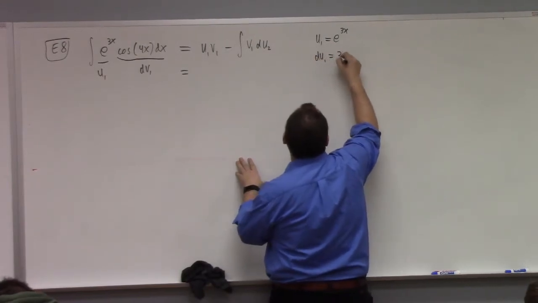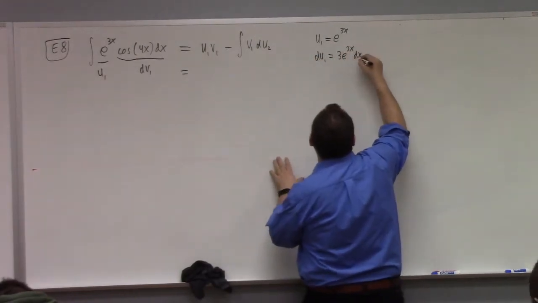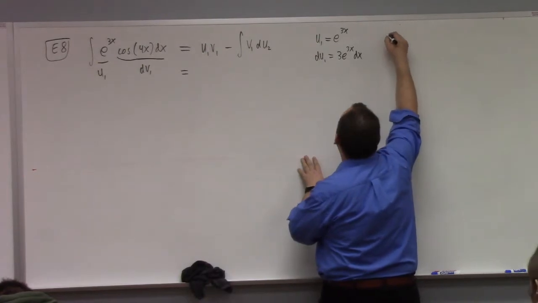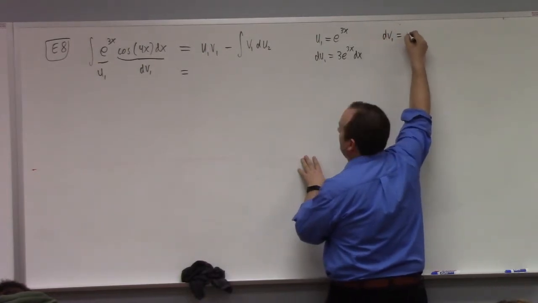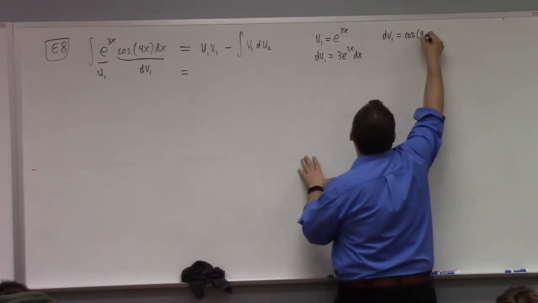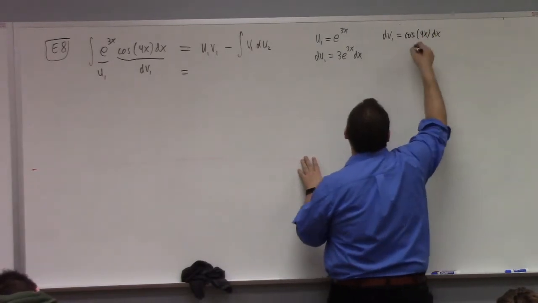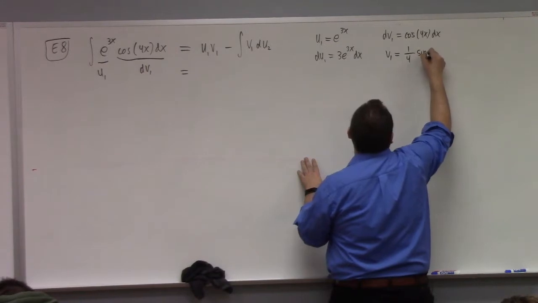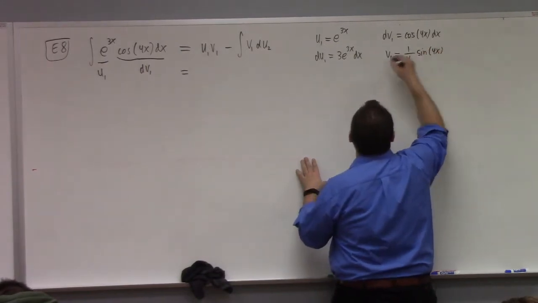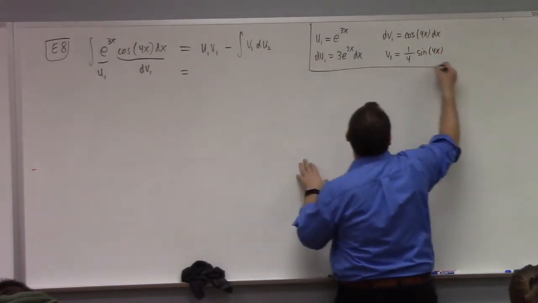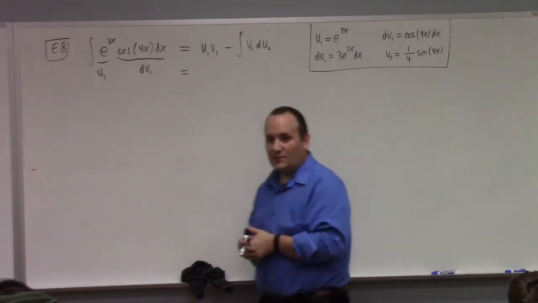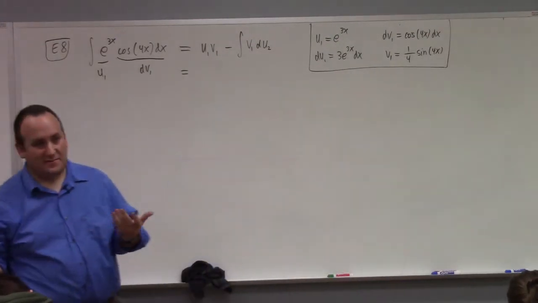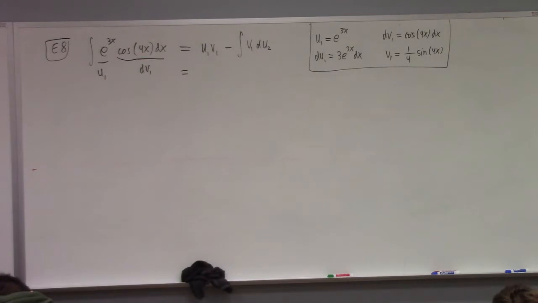Let's see here. du1 is 3e to the 3x dx. In contrast, dv1 is cosine of 4x dx. Integrate that, we get v1 is 1/4 sine of 4x, right? I'm not explaining why it's 1/4, okay? We do this kind of u equals 4x substitution in our head.